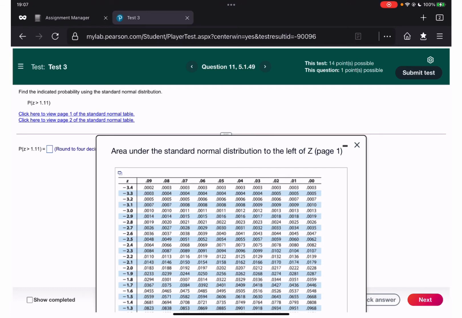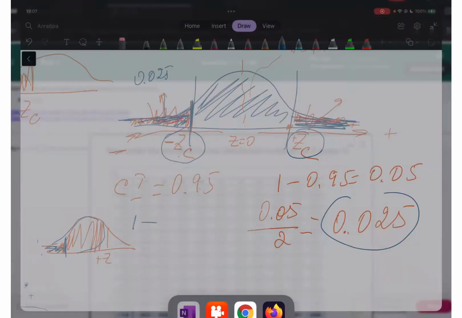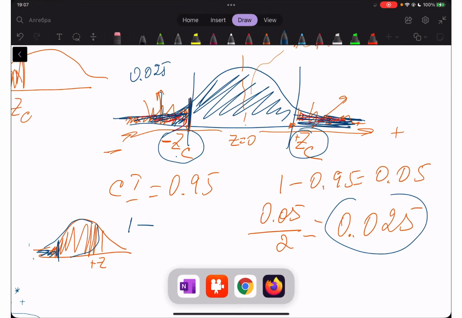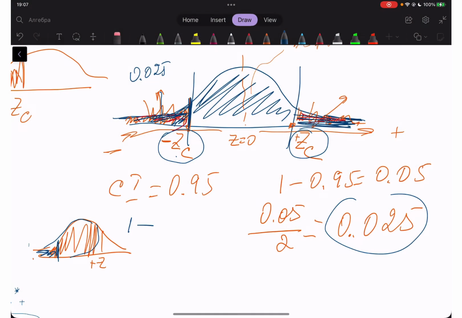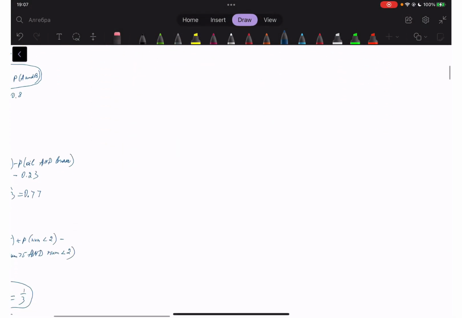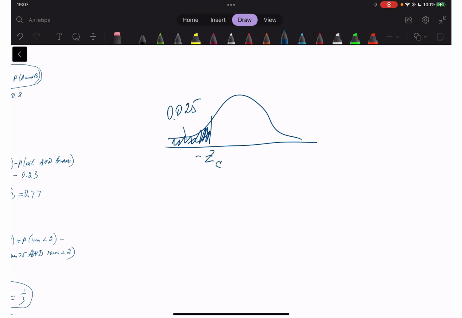So 0.025, I believe, yes? 0.025. Now, what is interesting, let me explain. I have this area, I'm working with this area, 0.025, to find the negative Z-score, correct?